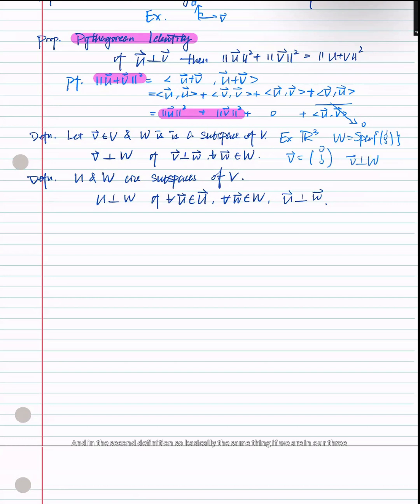In the second definition, it's basically the same thing if we are in R3. W is the span of (1, 0, 0), but U is not just a vector, it's the span of (0, 1, 0).